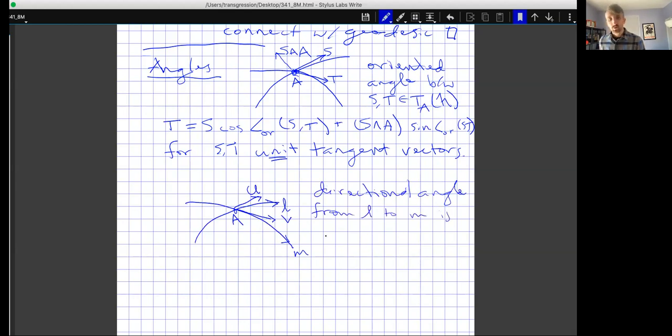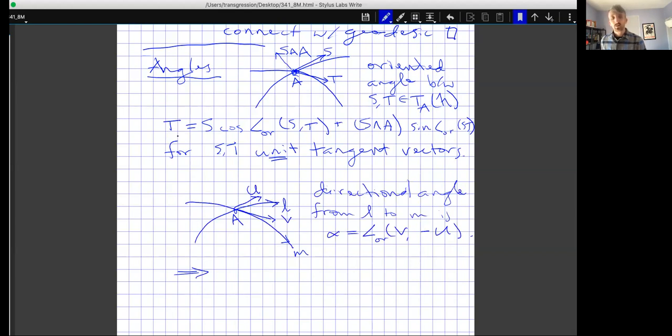We'll define that to be, we'll call it alpha, and it is the oriented angle from V to minus U. You've got to be a little careful with all these signs, but you end up with the relations ultimately just working with this equation up here that defined an oriented angle.